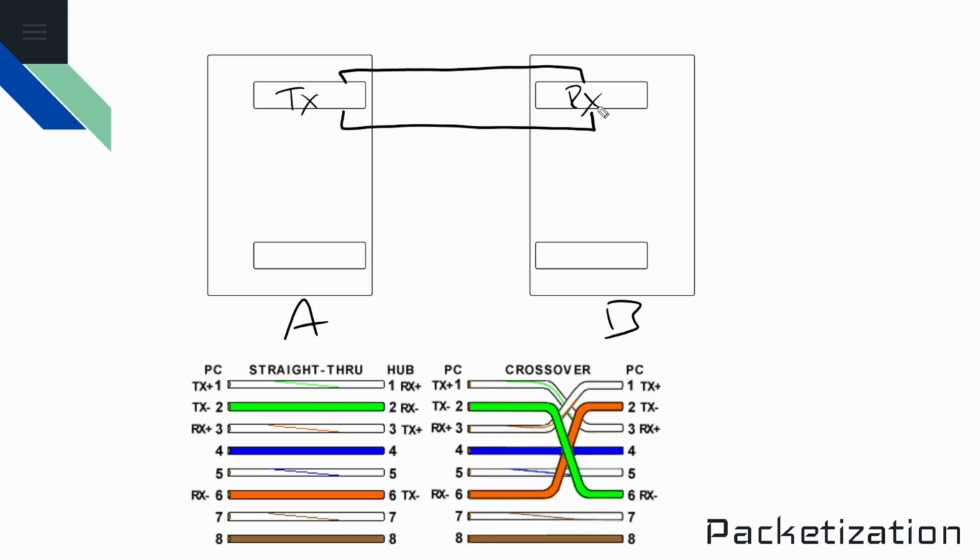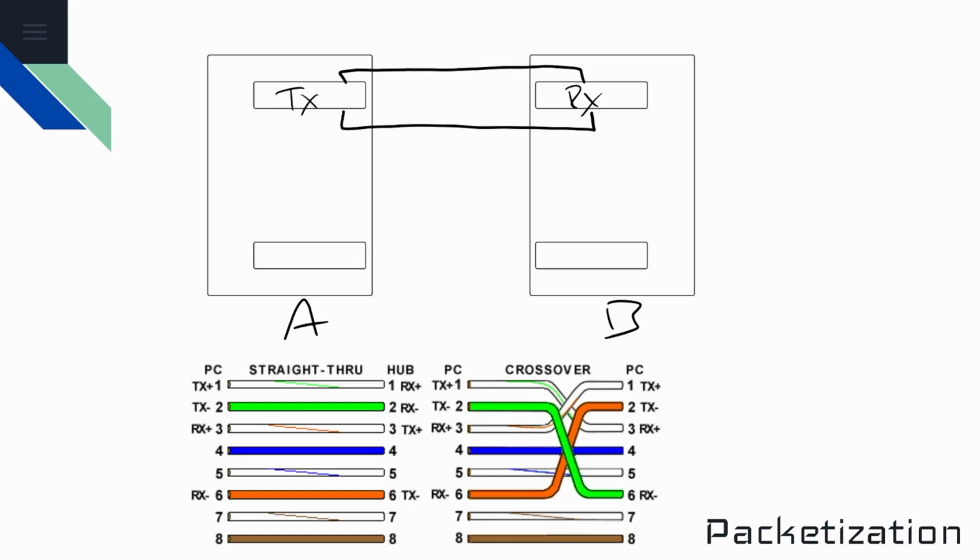At this point, node A can use an encoding scheme to transfer data to node B. Node A will transmit that data using electrical signals that vary over time, and then the receiving node, which is node B in this case, will interpret those changes in the voltage on the wire as either a 1 or a 0.